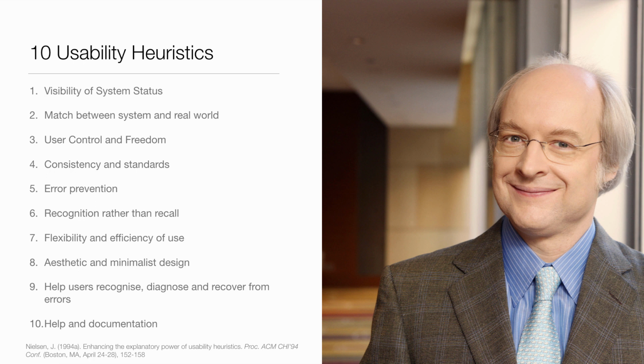I'm going to go through them very quickly, and then we're going to go deeper into what they are. So it's the visibility of system status. It's matching between system and real world.